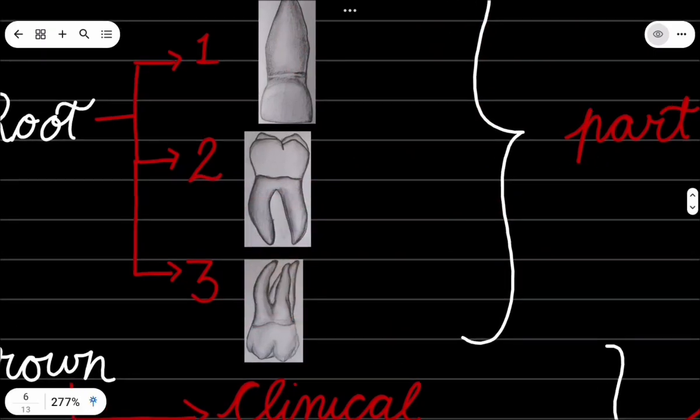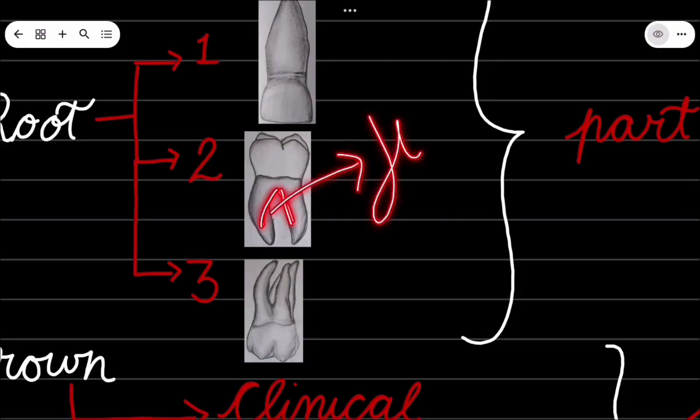Now, when the root divides over here, this area is called the furcation area.